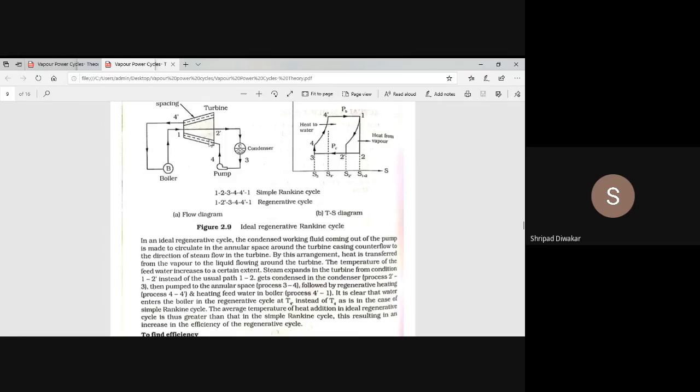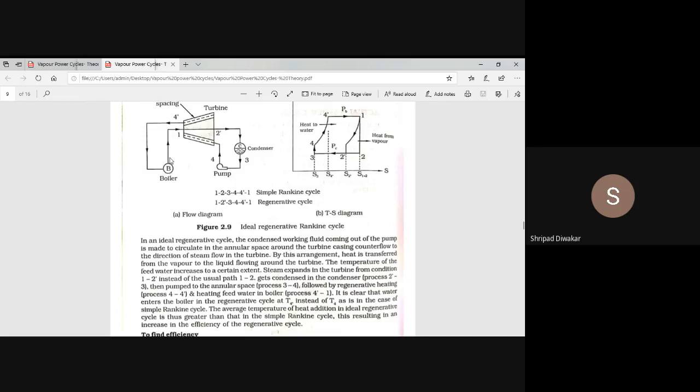Condensate means water, so this water takes the heat from the steam and gets heated, and that preheated water enters into the boiler.